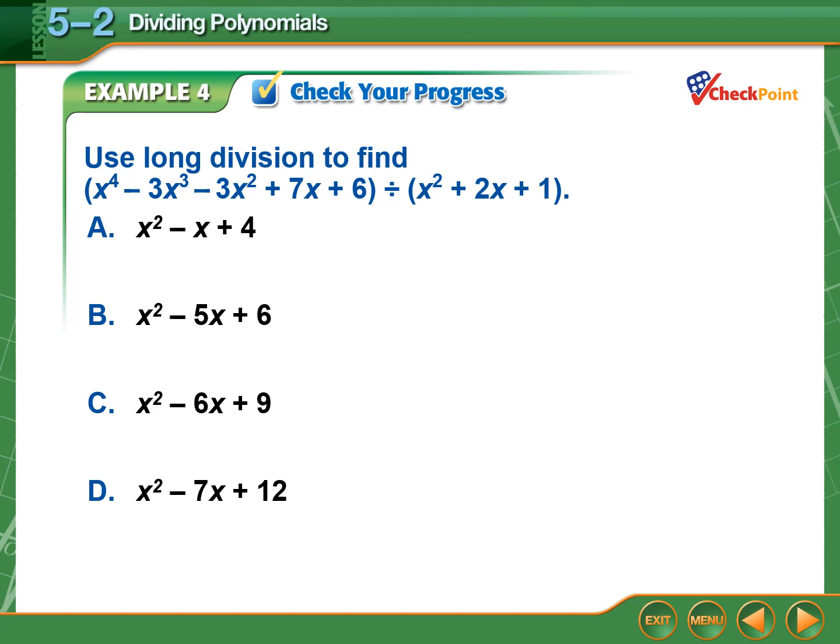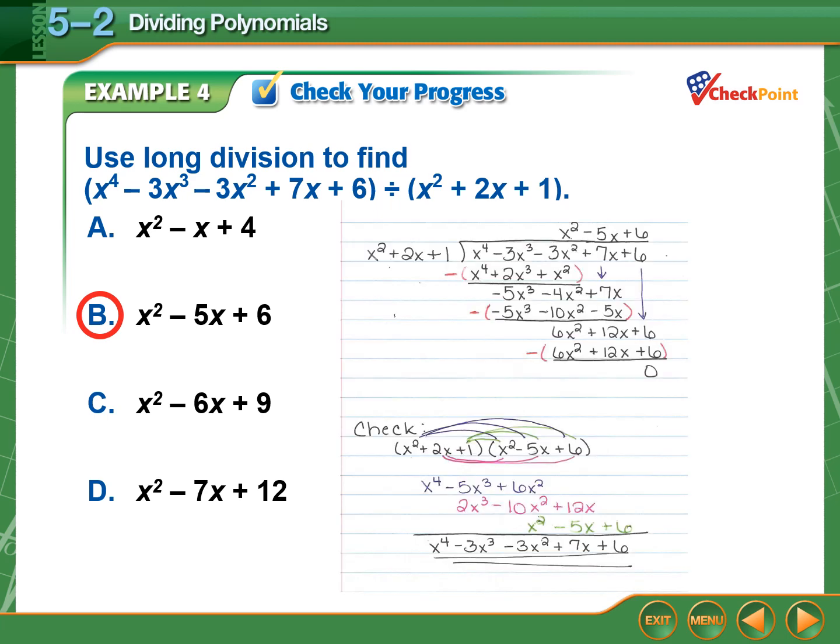All right, and we're back. Here is the answer, B. Let's see if we get B. For this one, I didn't want to write it all the way out, so I wrote it by hand, took a picture, and placed it in the PowerPoint. That's cheating, but you can pause and see the math I did there. X squared times x squared is x to the 4th, and I did get x squared minus 5x plus 6.